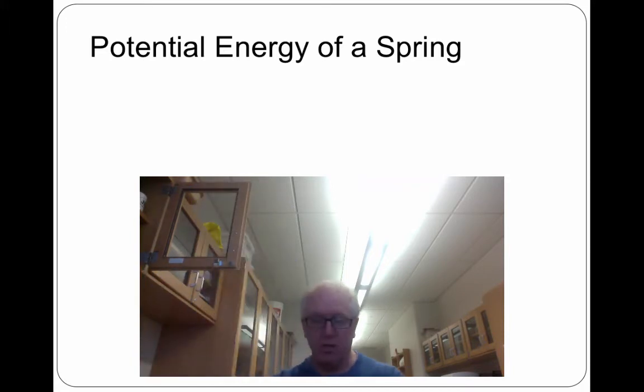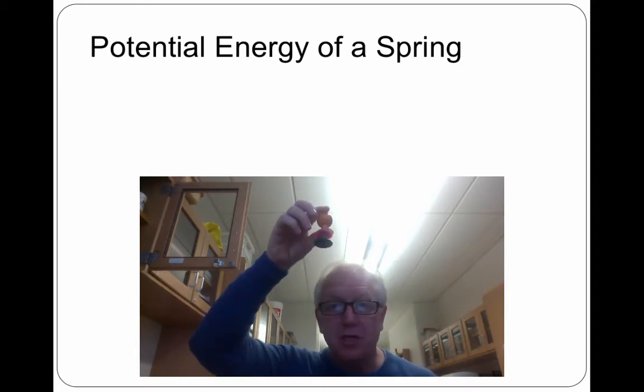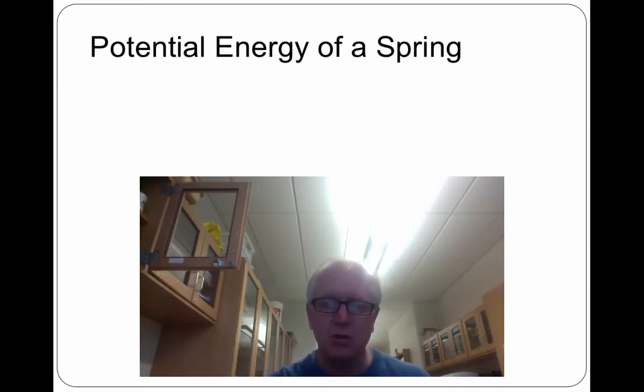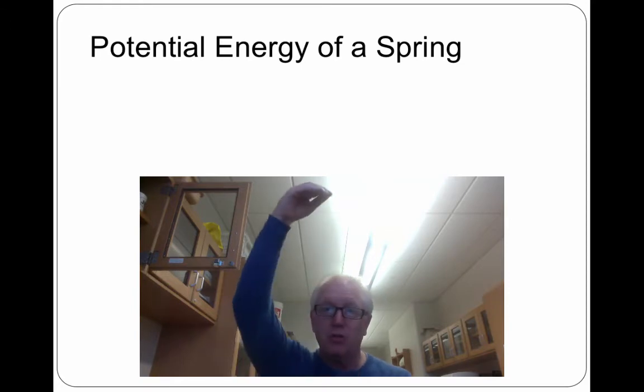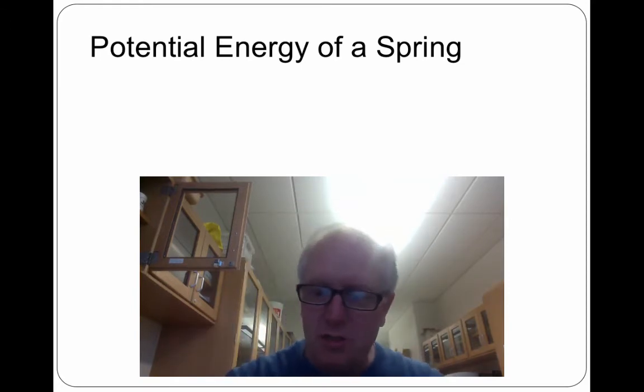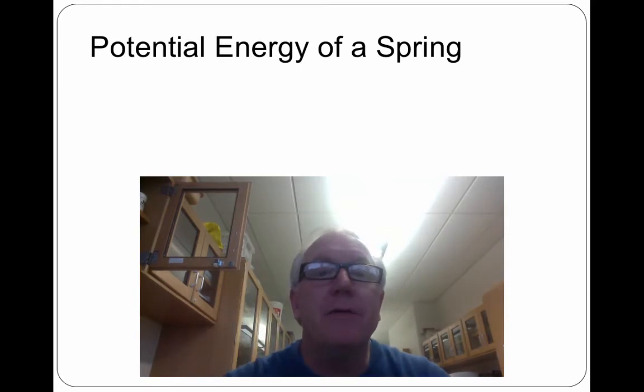So for example, if I have a spring-related toy here, and I push it down there, right now it's potential energy, or it starts off as potential energy, and then it turns into kinetic energy, and then it turns into gravitational potential energy as it reaches its high point. So energy transformations of the potential energy of the spring, then the kinetic energy, and also you build up gravitational potential energy as it goes through the air. So that's a lot of fun.